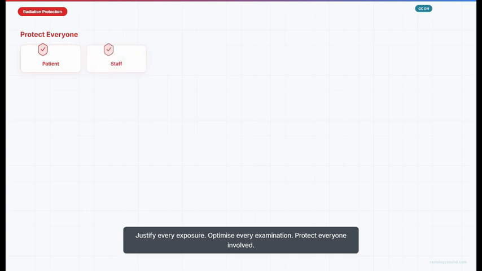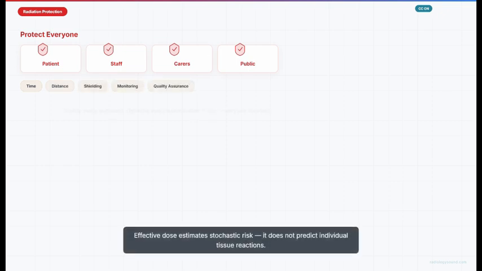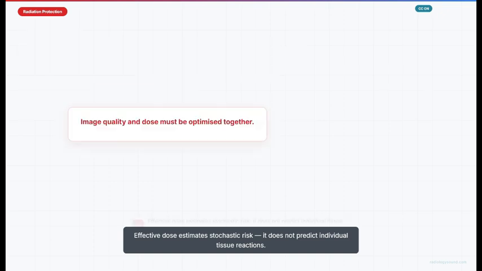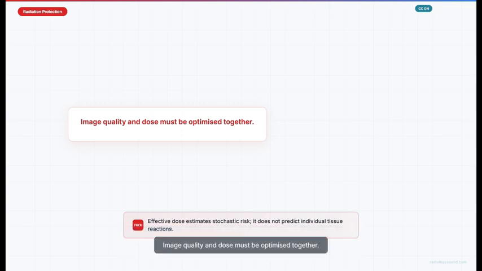So protect yourself and protect everyone, patients, staff, carers, and the public, via methods such as distance, time, shielding, monitoring, quality assurance, and checking the equipment, effective dose, and estimates. You'll know it. And also, justify every exposure, optimize every examination, and prevent unnecessary investigation.